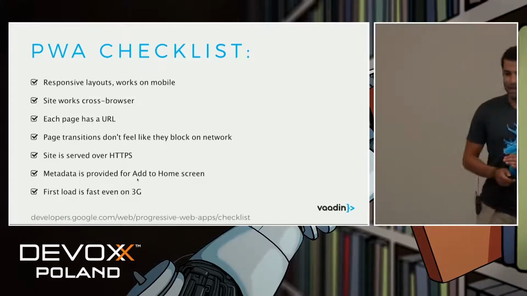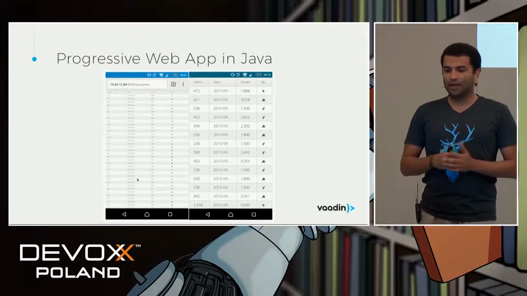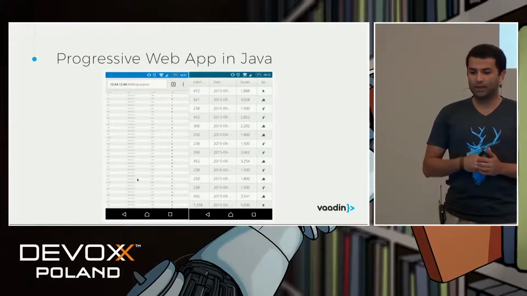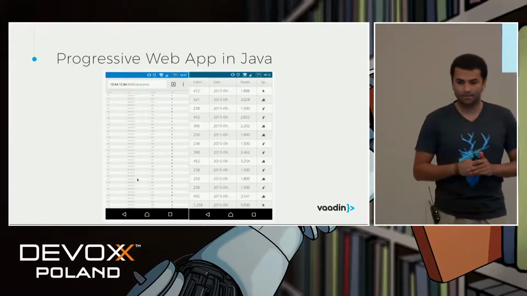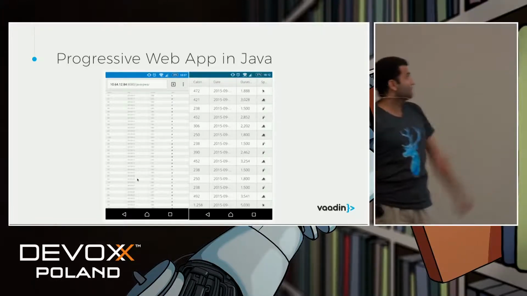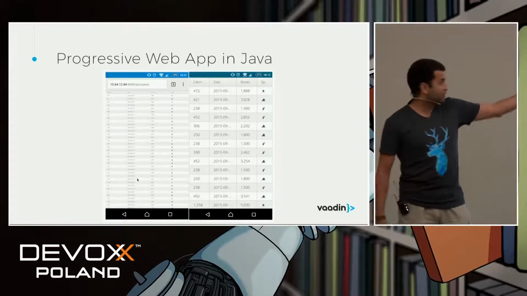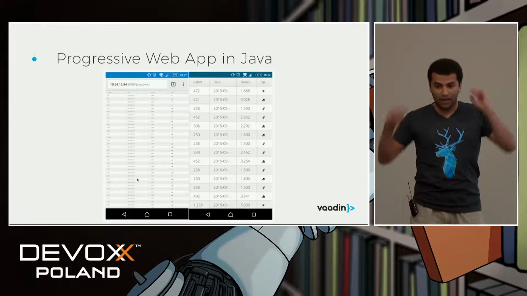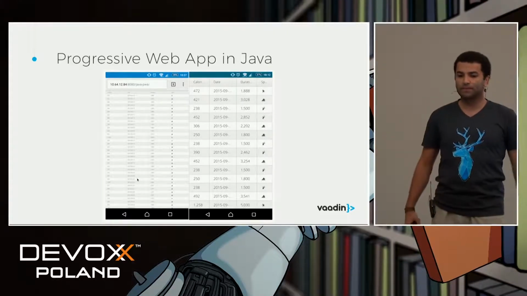Magic. So to summarize this, I have made a comparison between a progressive web application that I have built in Java, and then I have upgraded it and added this checklist into it to see the difference and how it looks now. So yes, those are exactly the same applications.